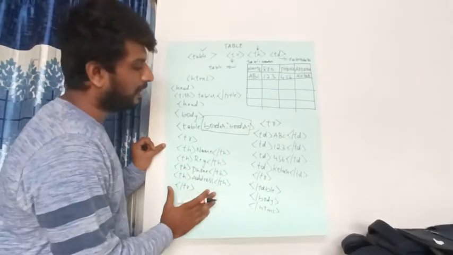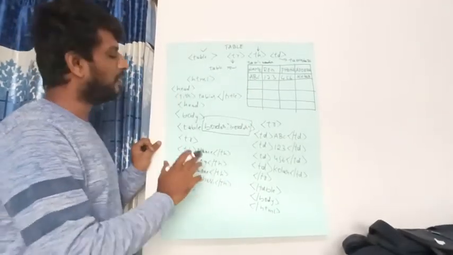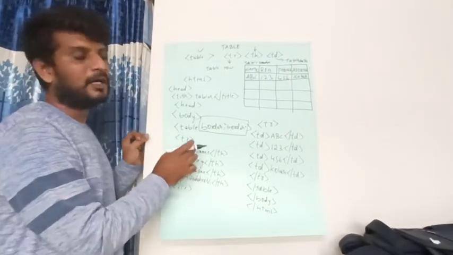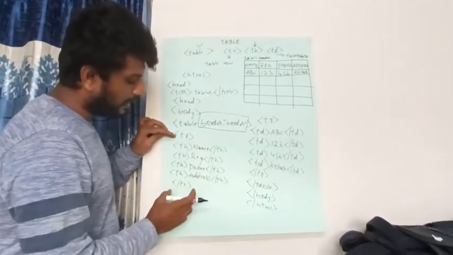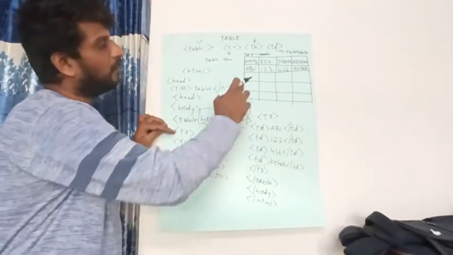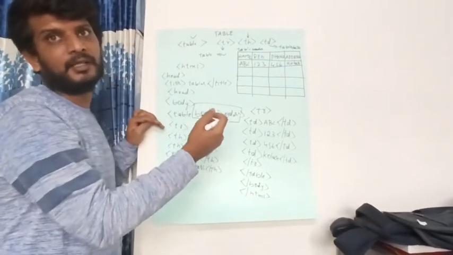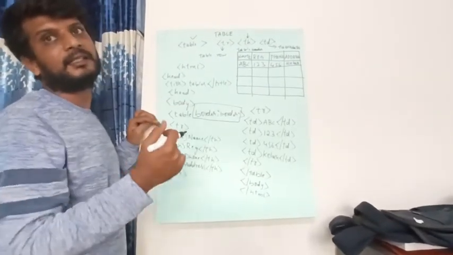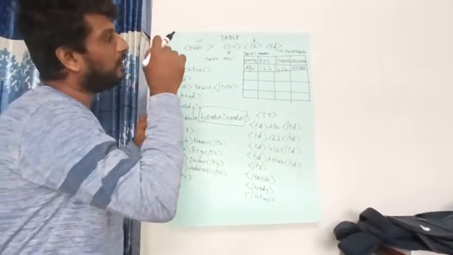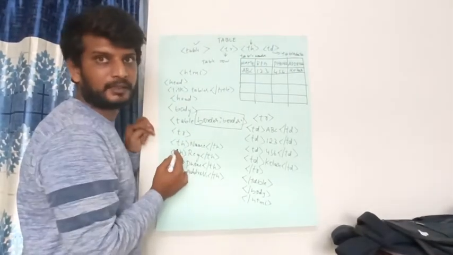Whenever you are creating a table, remember that all the data in the table are filled row wise. At the beginning of the row as well as the ending of the row, you need to make use of the tr. The data you are filling will be classified into two things: one is headings, and the next is data. Whenever you want to use headings, you need to use the th tag.